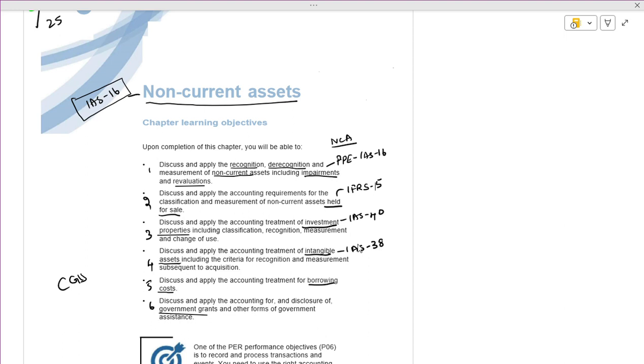Related to this, IAS 16, IFRS 5, and borrowing cost is IAS 23, and government grants is IAS 20.